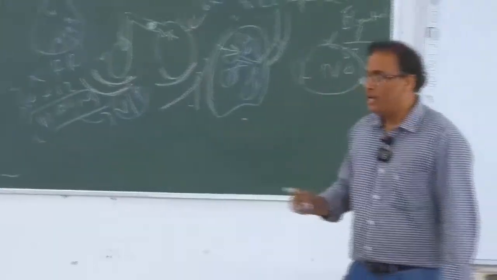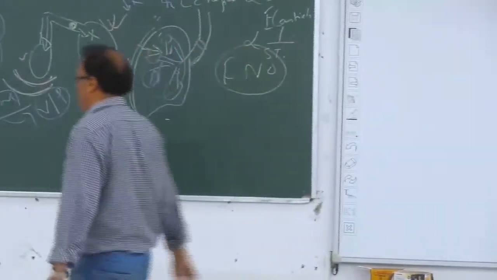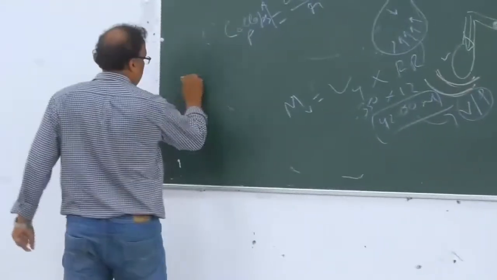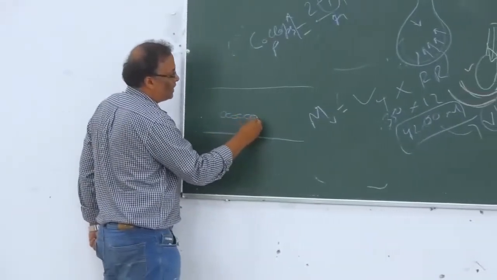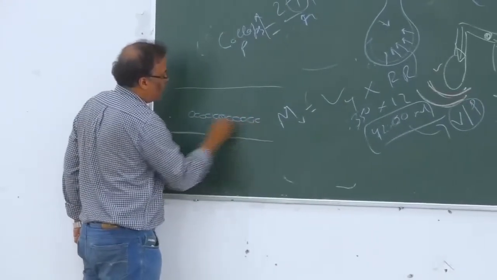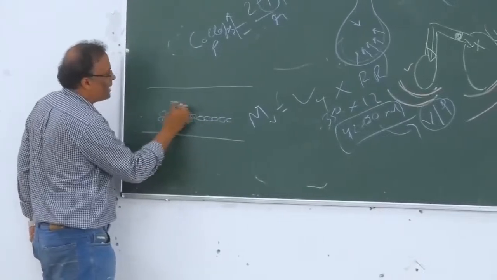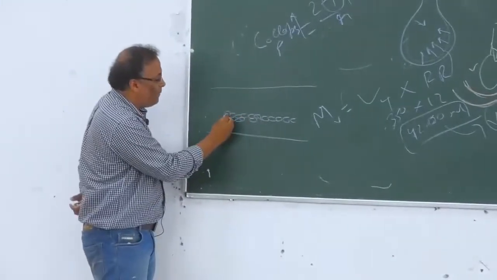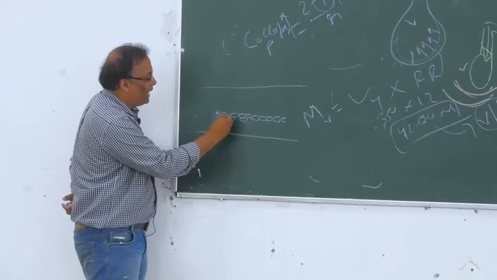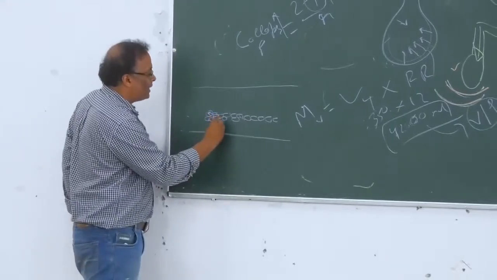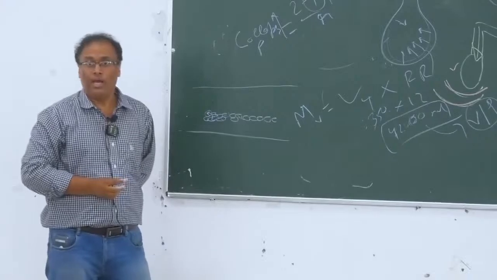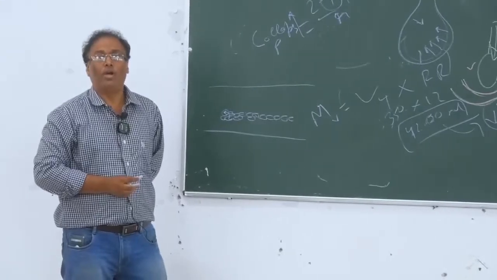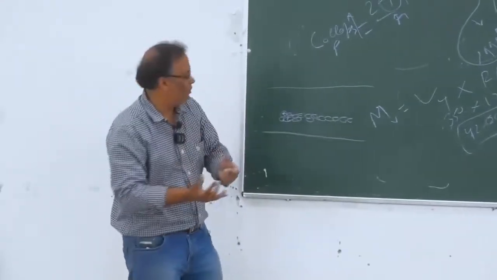Already I explained what is the role of surfactant. It is a water phase, right? These are the water molecules, and this is the air, right? So each and every molecule is pulling on the others, but there is no upward force, always it is a downward force.